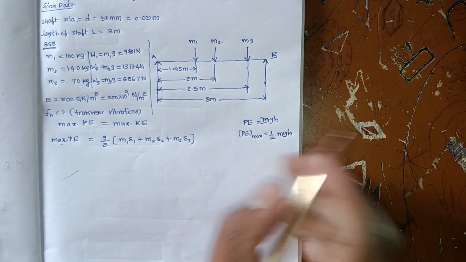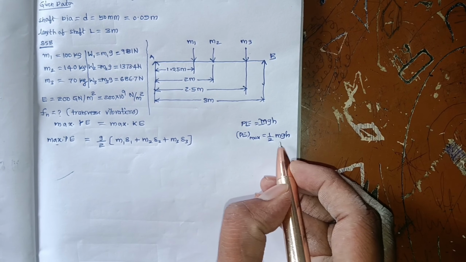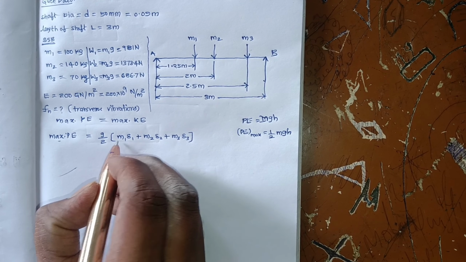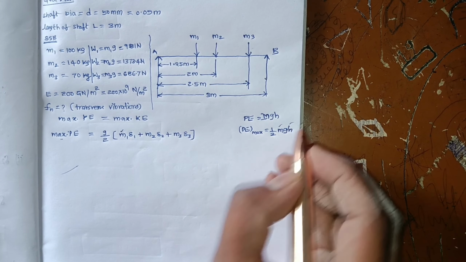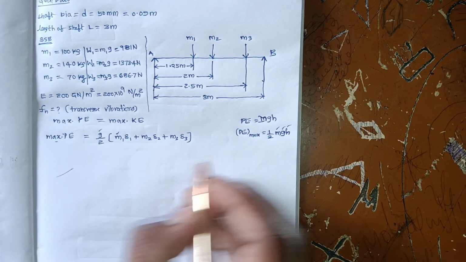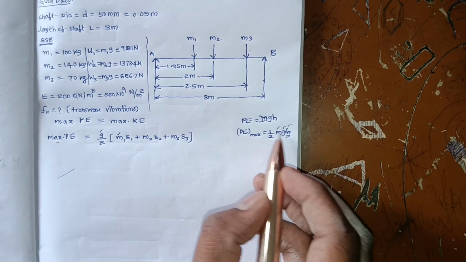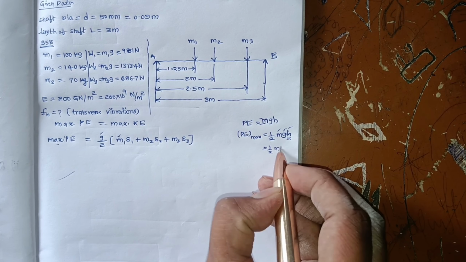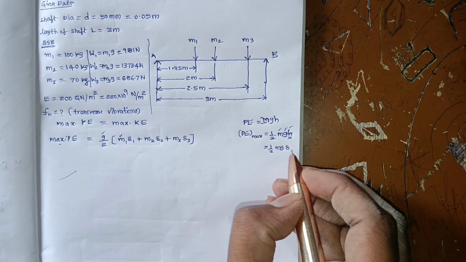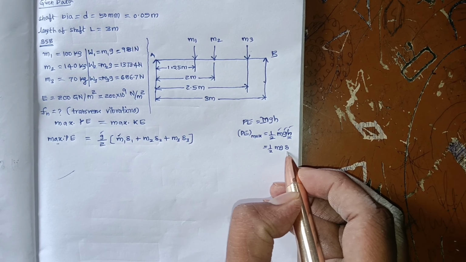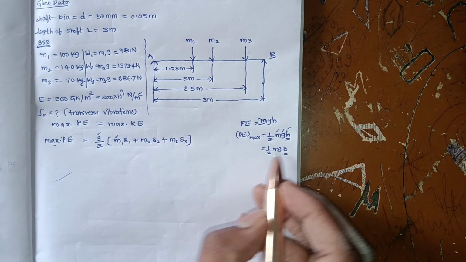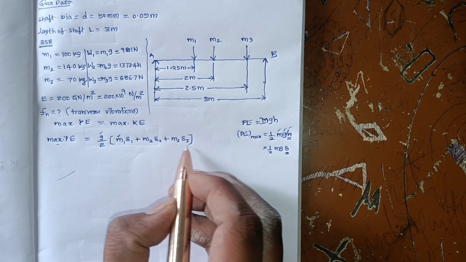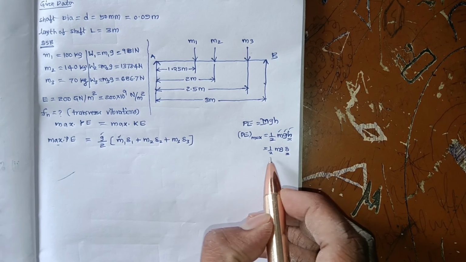P is just mgh, and P maximum will occur at half of the mgh value. Here h you have to take as a deflection. You have to replace that value with delta, so mg delta. Sometimes they are denoted with y, here we denote with delta. Since we have three different loads, you have to take m1 delta 1, m2 delta 2 plus m3 delta 3. Like that you have to take from this basic formula.